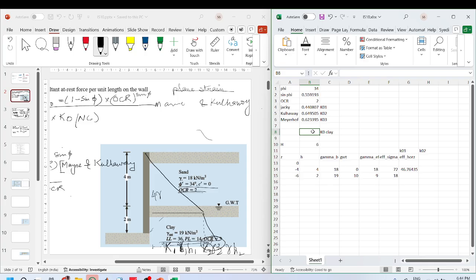K will be 1 if I take phi equals 0. 1 minus sine phi OCR to the power 1 minus sine phi, for 0 it is 1. K naught is 1. Let me check where I'm getting this K naught from. K naught from clay.